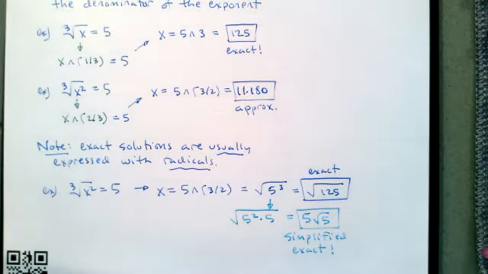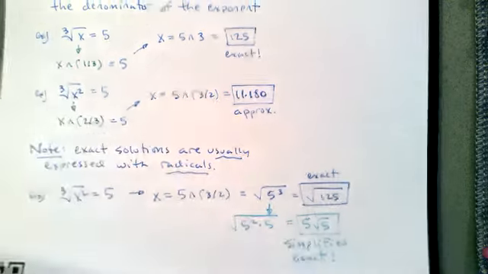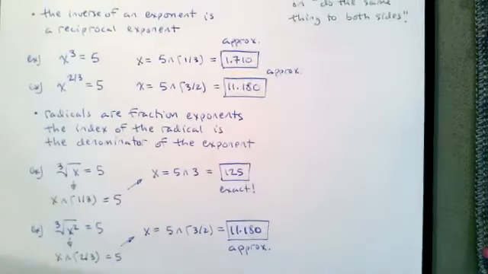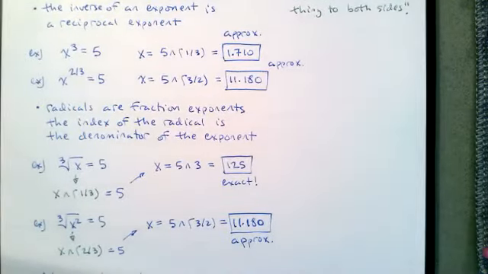So for now, your primary concern is being able to get to the approximation. And that means understanding that the inverse of an exponent is a reciprocal exponent, and that radicals are fraction exponents, where the index of the radical is the denominator of the exponent.